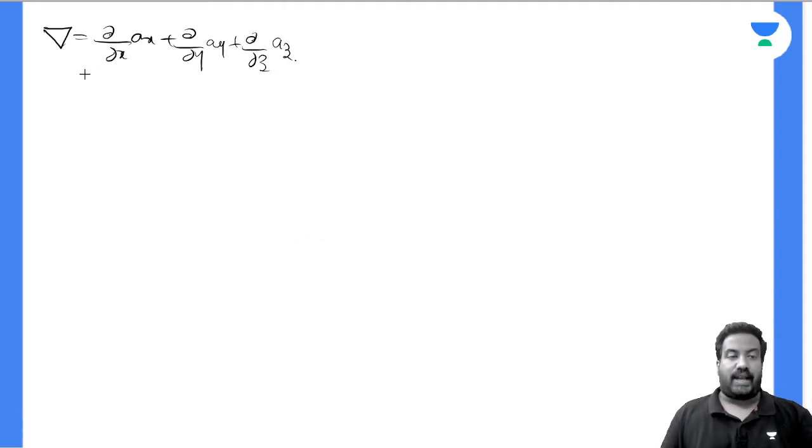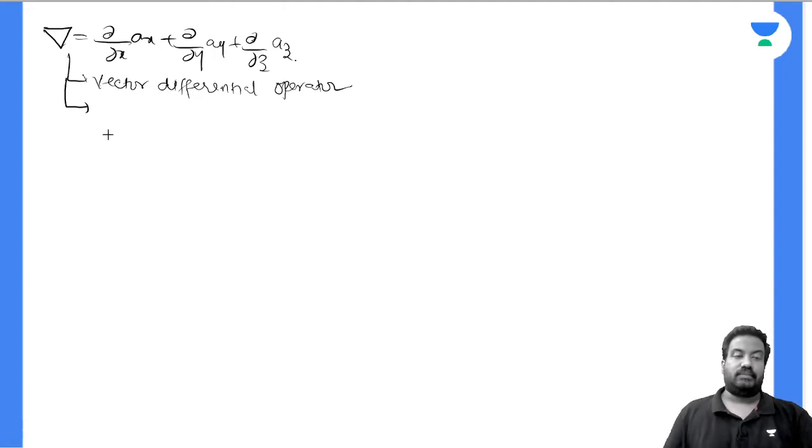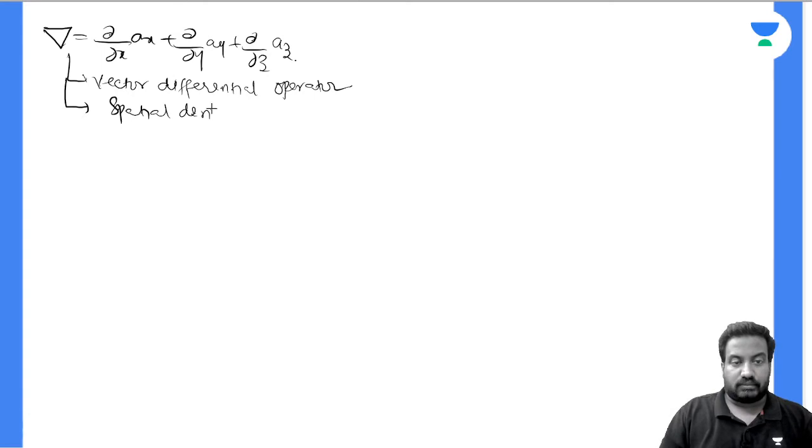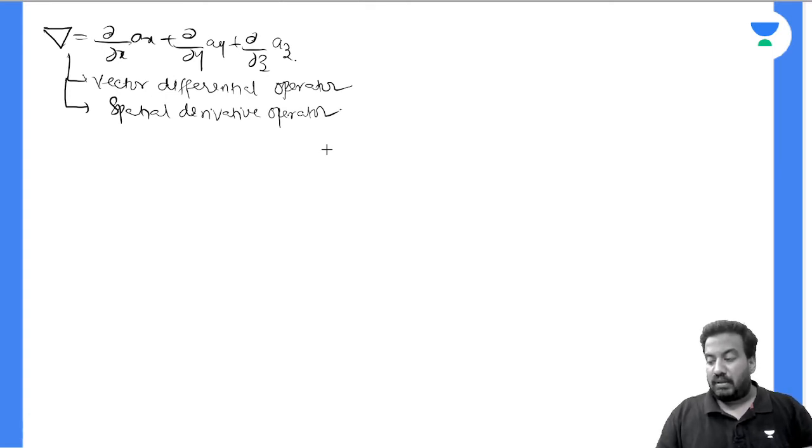Del is also called vector differential operator, or spatial derivative operator.